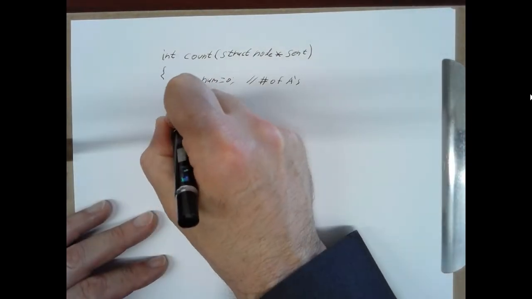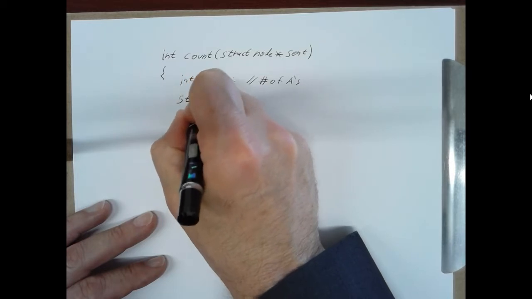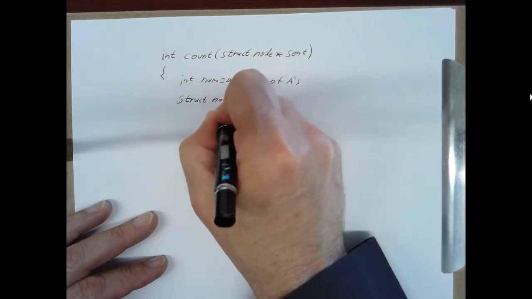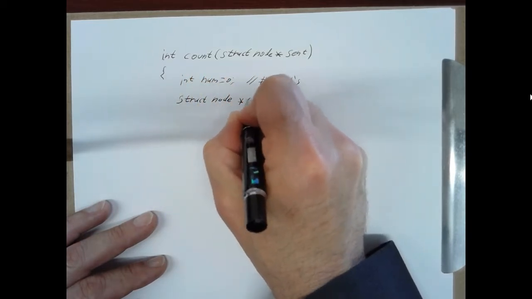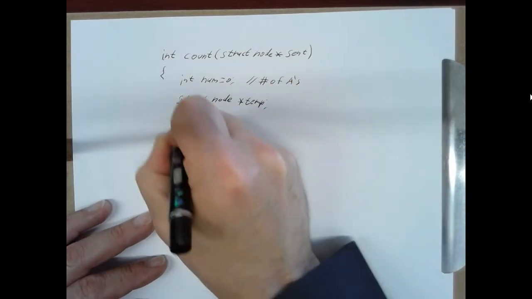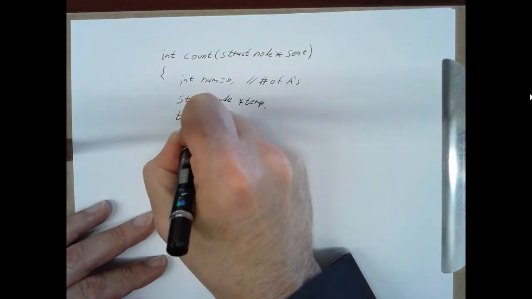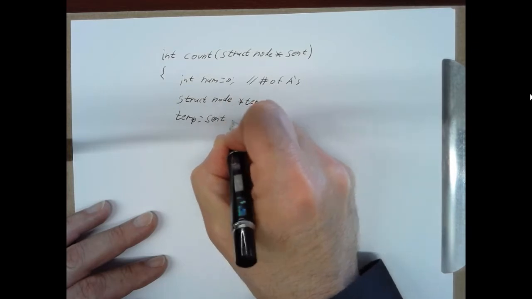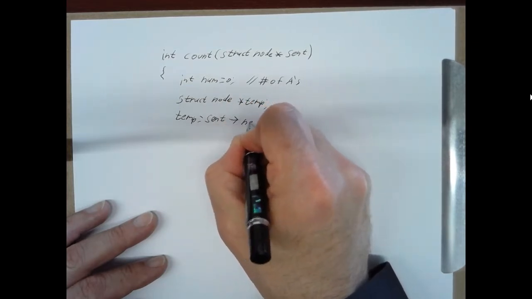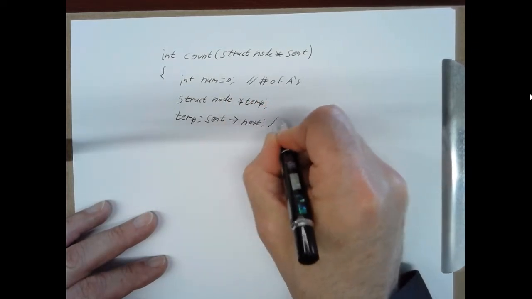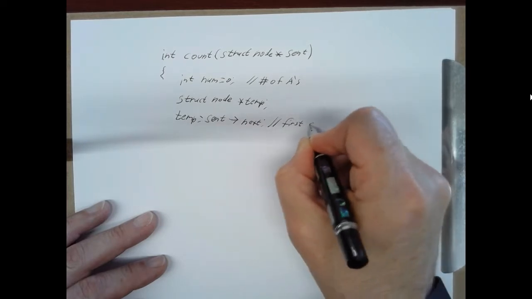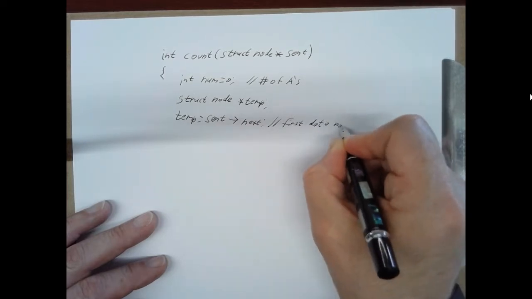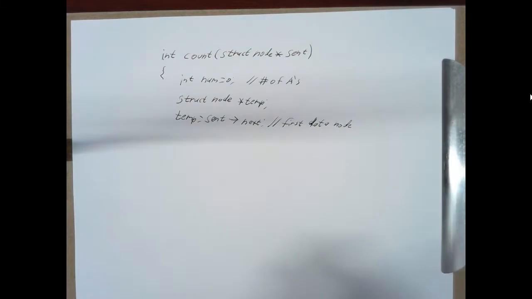But let's not get too weird. So let's make another struct node temp and set temp equal to the first data node of our list. So we're skipping over the sentinel, that's important, and we're pointing to the first data node.